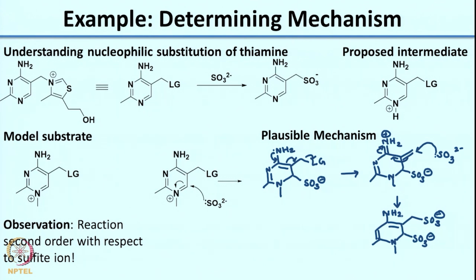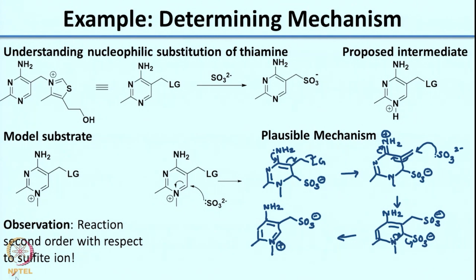Now, once you get this intermediate, you have the lone pair here, which would kick out the sulphite molecule to give you the desired substitution reaction.